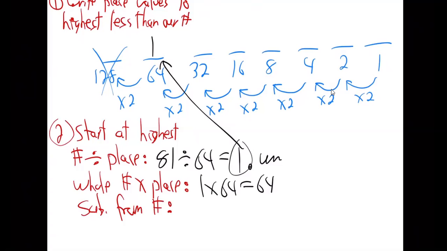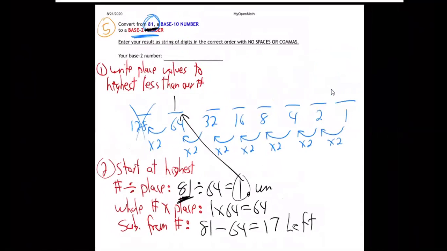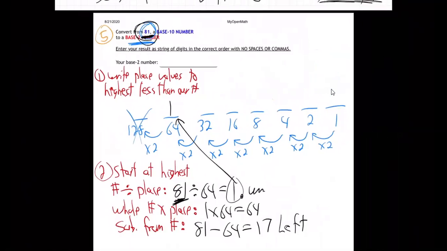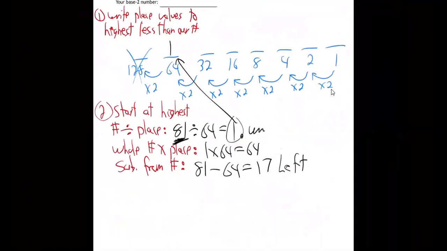So we take what number? The original number, 81. There's our number. 81 minus 64. Was that 17, I think? Yeah, 17. 17 left. Right?